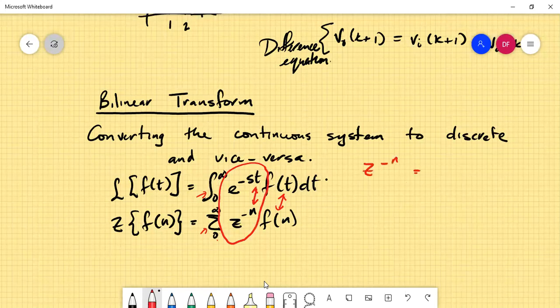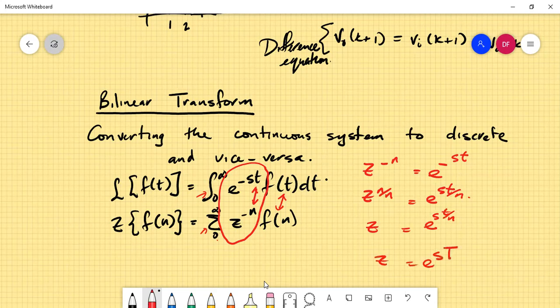All right, if I have z to the minus n is equal to e to the minus st, that would be z to the n is equal to e to the st. If I divide t into intervals of n, then I would end up with z is equal to e to the st over n, which is really what I want to say: z equals e to the st. So that is what I wanted to say, and now I'm starting from there.